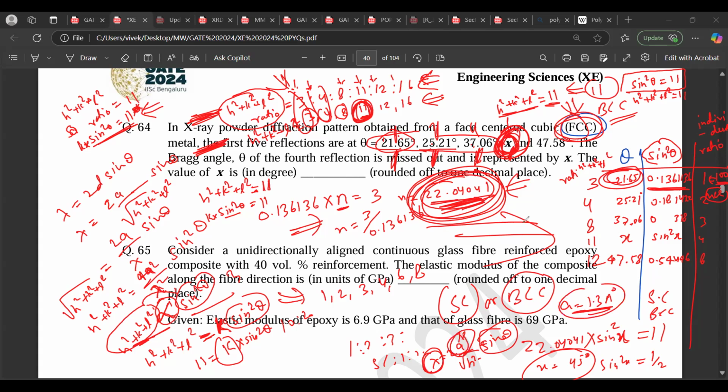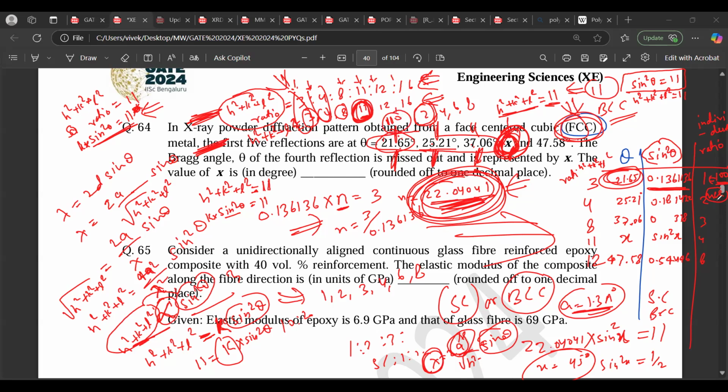Now, if you are assuming it is BCC, then the first peak shouldn't be 100. Because the individual values are 2, 4, 6, 8, what is the first peak? The ratio is 1:2:3, but the individual values are 2, 4, 6, 8. Since H square plus K square plus L square is 2, the first peak is HKL 110, because then only you can get 2: 1 square plus 1 square plus 0.